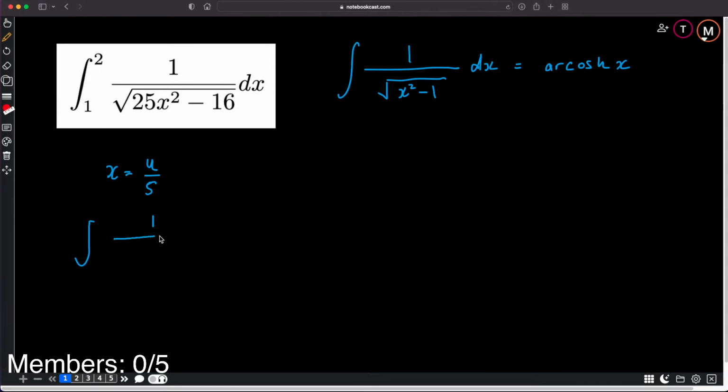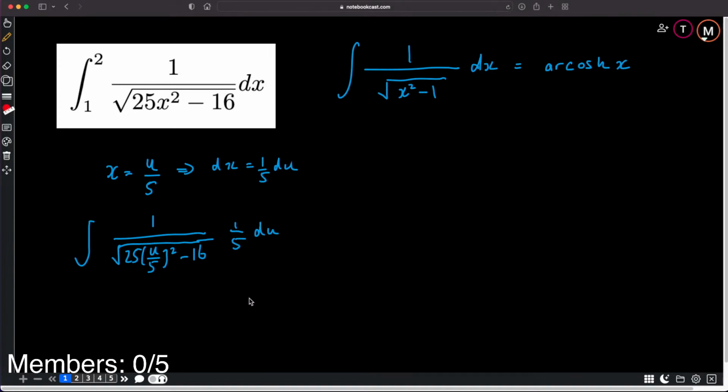So let's plug in u on 5 for x here. We would get the square root of 25 times (u on 5) all squared, take 16. And then we also need to compute dx. So dx would equal 1/5 du. So then we substitute a fifth du for dx.